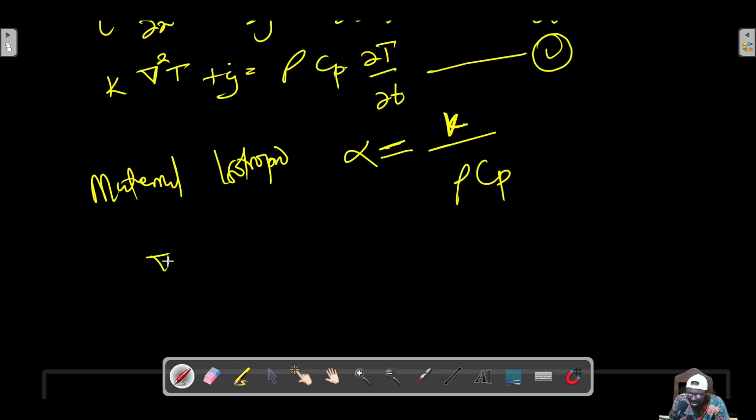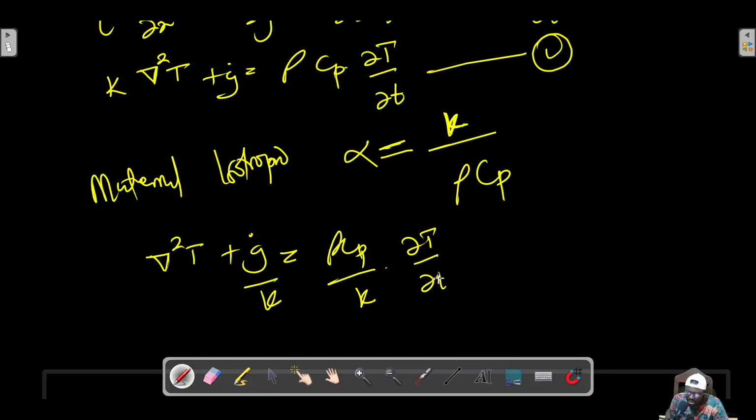I can say the Laplacian of the temperature field plus J dot divided by K, I'm dividing through by K, is equal to rho Cp divided by K times del T del small t.